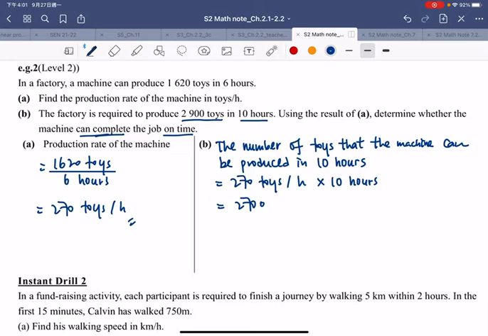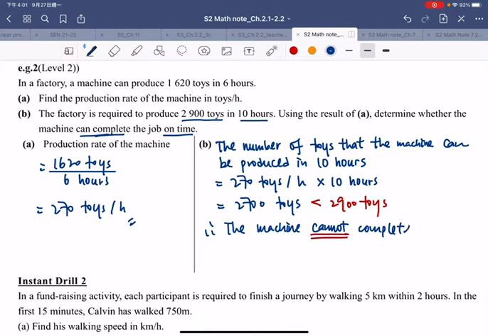So that is 2,700 toys. And this one is smaller than the one required. So therefore, the machine cannot complete the job on time. So pay attention, you need to do this comparison in order to get the last 1 mark, alright?